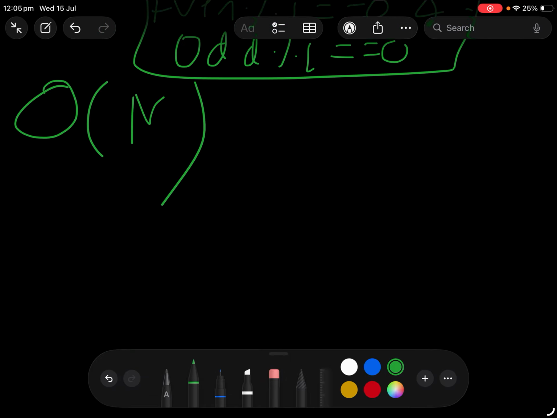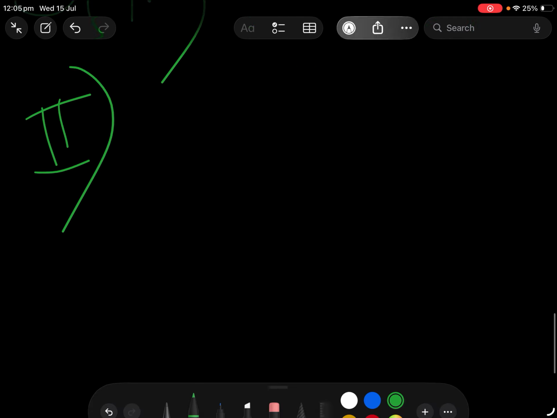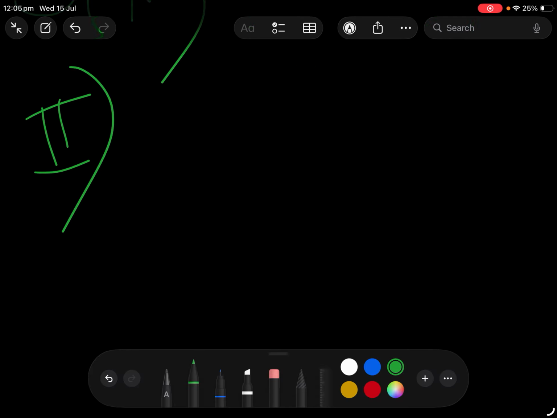So our second approach will be to not apply a loop to calculate sum odd and sum even. What we can do is, okay, so what will be the odd numbers? Let's write the odd numbers: 1, 3, 5, 7. Can I write it like this, 2n minus 1?